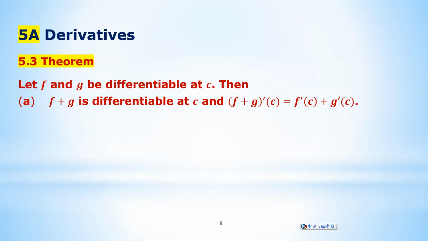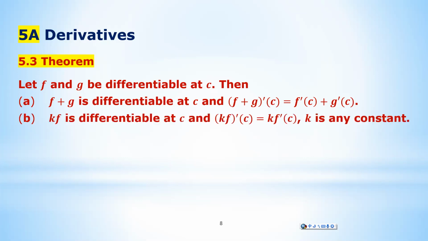So if f and g are differentiable, then f plus g is also differentiable at c, and the derivative of f plus g equals the sum of the individual derivatives. Second part, if you multiply a constant k by one of these functions like f, you're creating a new function kf. Then this new function is also differentiable at c, and the derivative is equal to k times the derivative.